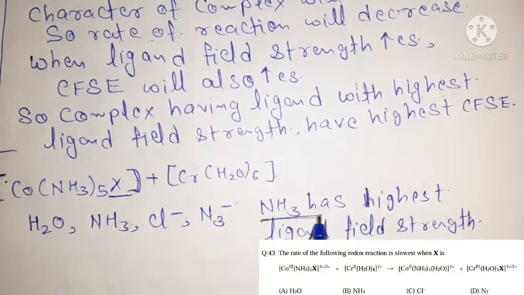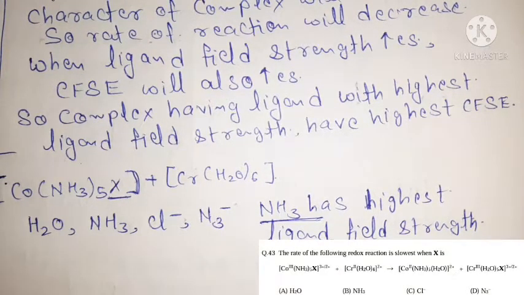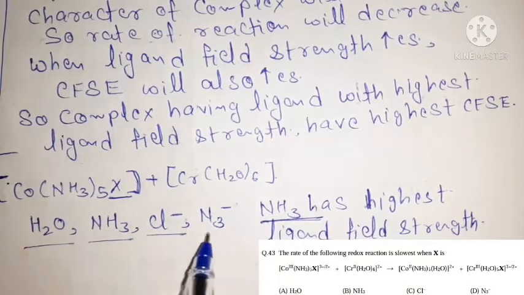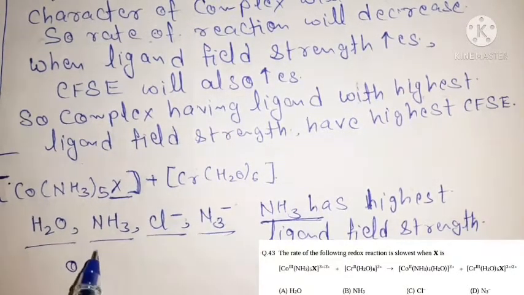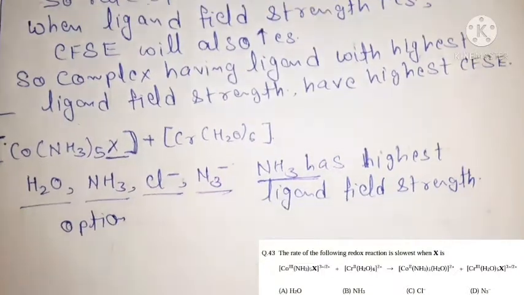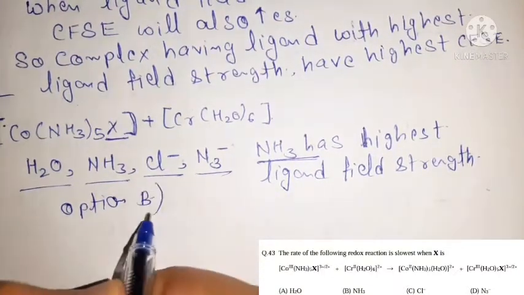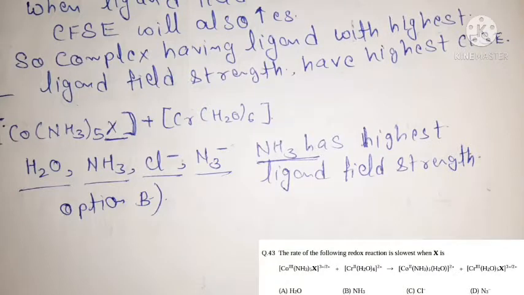Its reaction rate will be the slowest among all these ligands. So your answer will be option B, that is X is NH3.